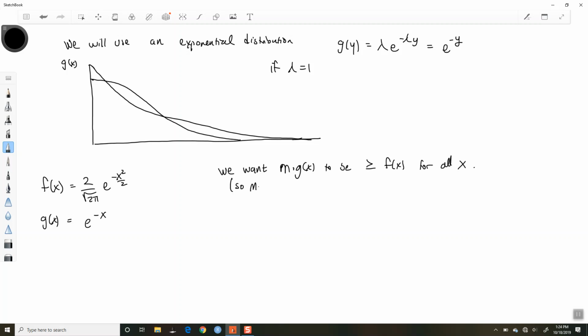So m times g of x acts as a kind of envelope. Okay, and to make this as efficient as possible, we want our m to be the smallest value so that this thing is true, okay?